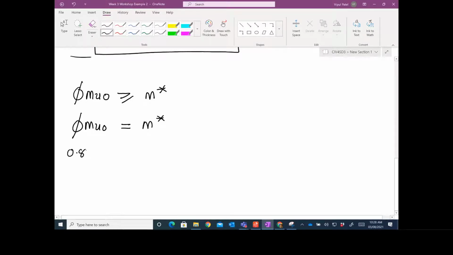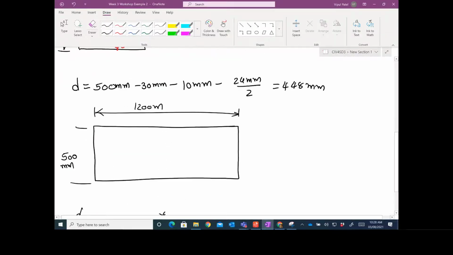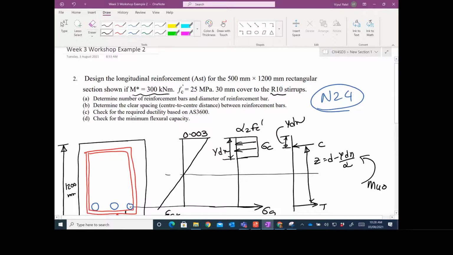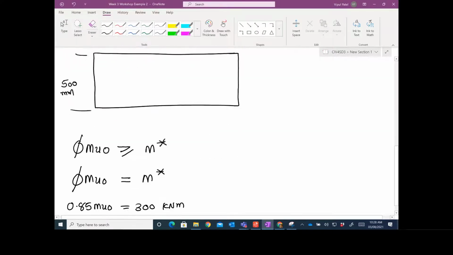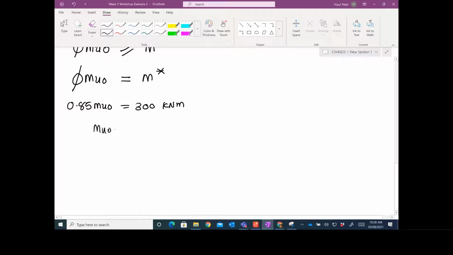So we have 0.85 MUO, and that is 300 kilonewton meters, given in our examples. So we just do this MUO equal to 300 kilonewton meters over 0.85. You get 353 kilonewton meters.